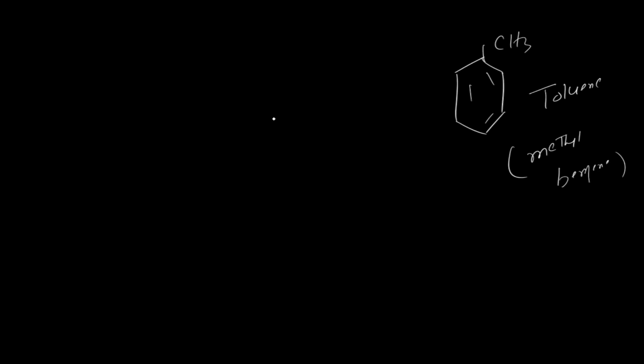So what do you think, which alkane have you used over here? Basically we will use n-heptane. N-heptane is the 7 carbon alkane: CH3, CH2, CH2, CH2, CH2, CH2 and CH3.